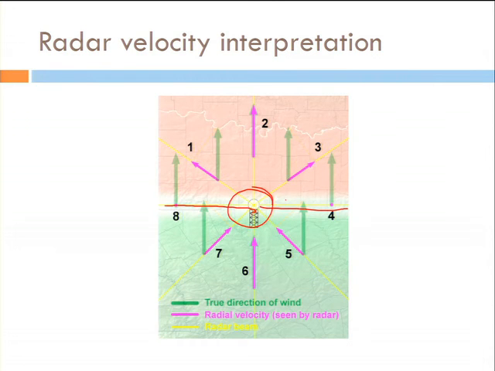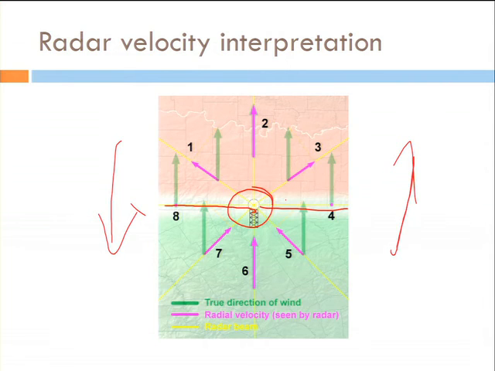And then you know that the wind has to be perpendicular to those radar lines. And so that basically tells you that the wind is either blowing in this direction or in this direction. Now, you then use the colors to help you determine which of those two directions it is.